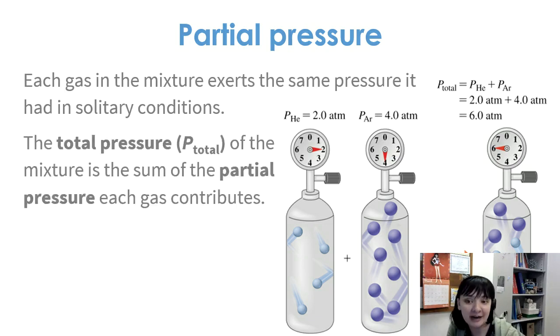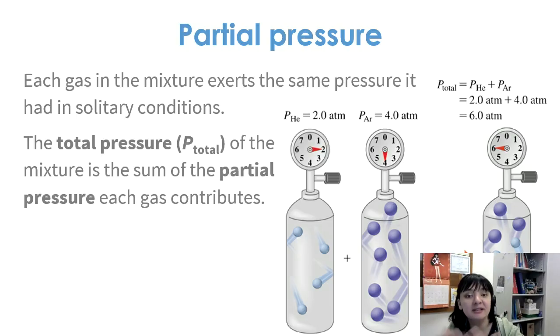Now that I've combined these gases, what we call those individual pressures that the helium exerts or that the argon exerts is a partial pressure, because that partial pressure is now contributing to the total pressure of the entire mixture. You can see just above the furthest right canister, the total pressure, or P total, is equal to 6 atmospheres.